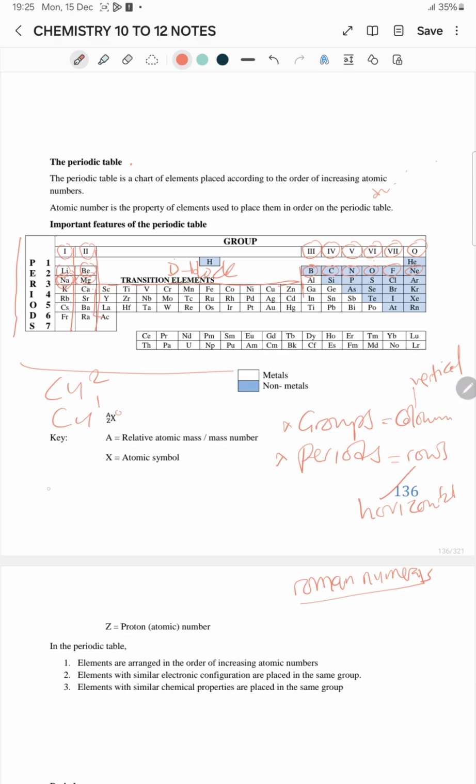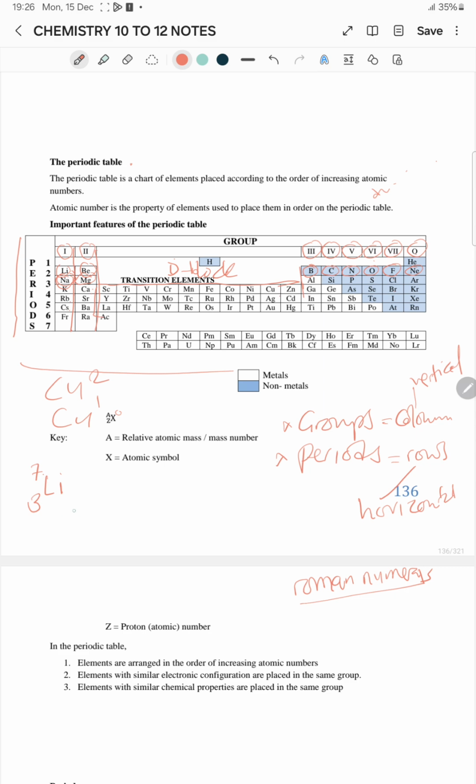So we'll look at lithium. If I take lithium, Li, the mass number is 7, the atomic number is 3.